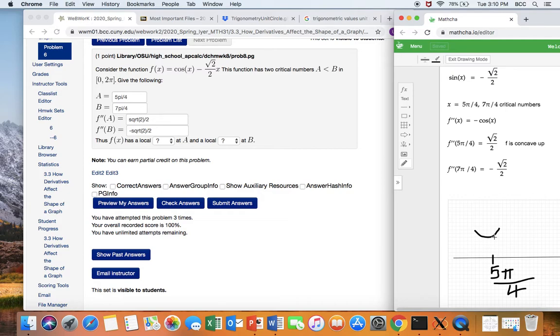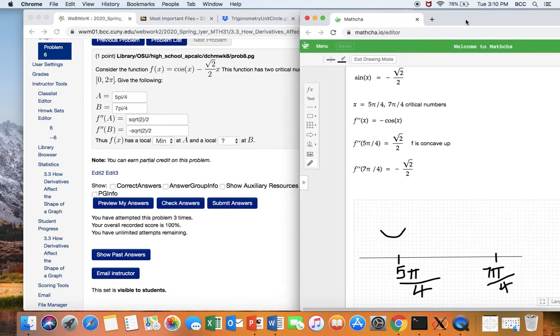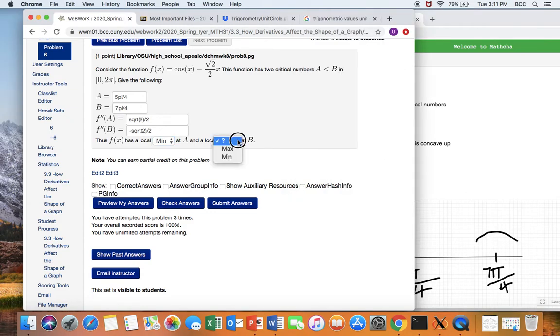I get a local minimum. So at a, I have a local minimum. Likewise, the second derivative at b is negative. What does that tell me? I am concave down. That gives me a local max.